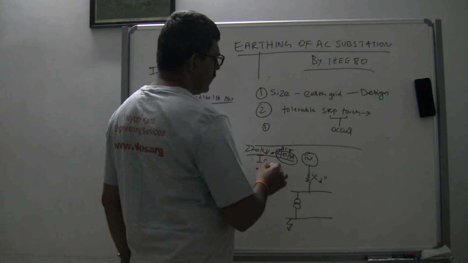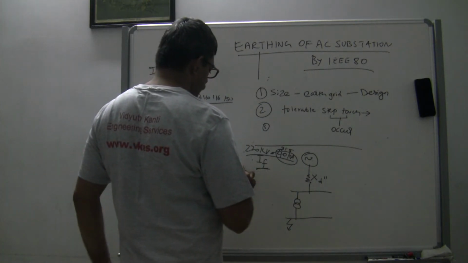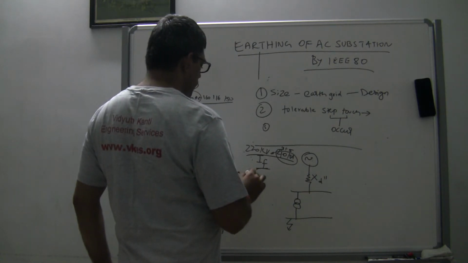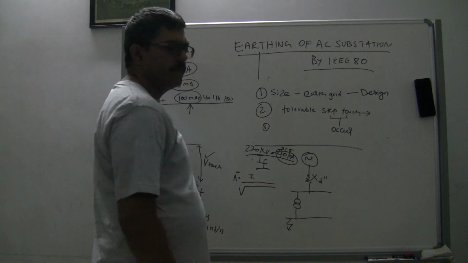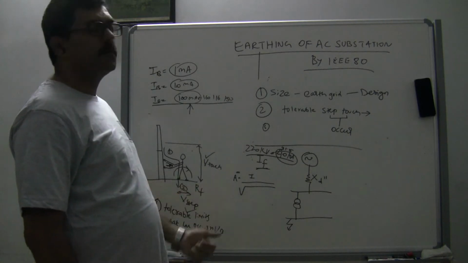So I will take 40 kA for 1 second. When you take 40 kA, for the size of a conductor, there is a formula. Utilize the formula, and you can determine the size.